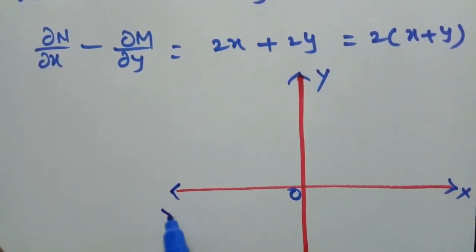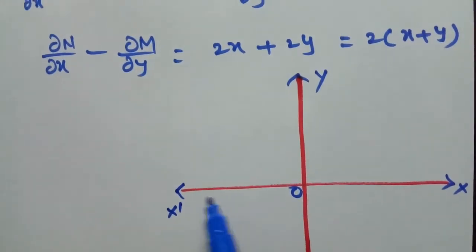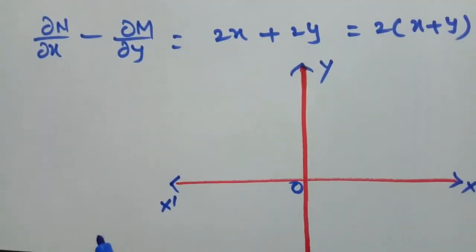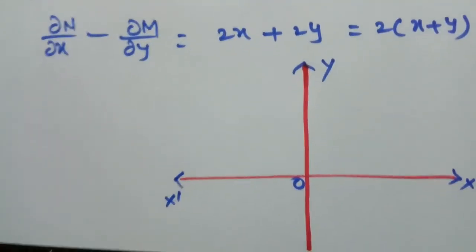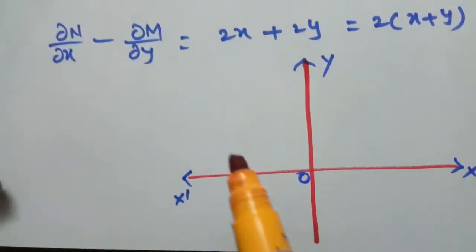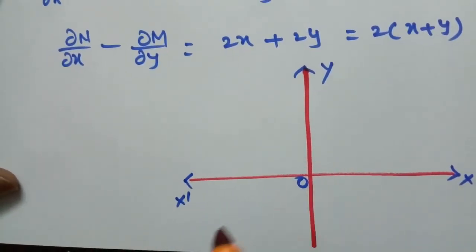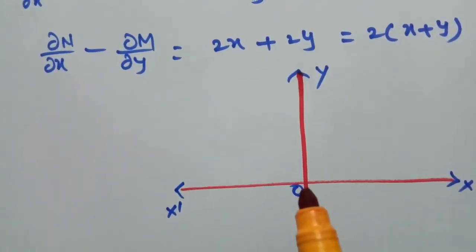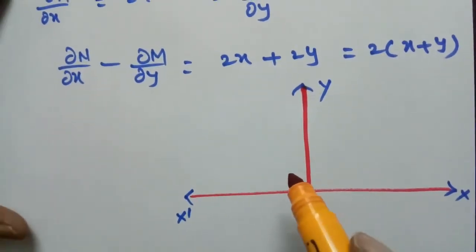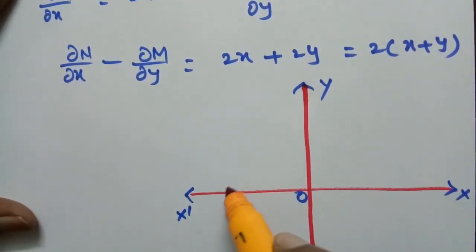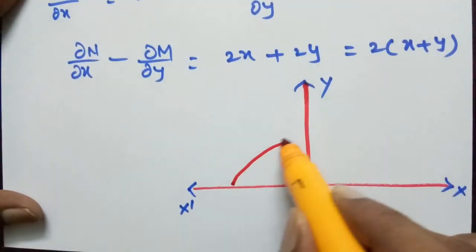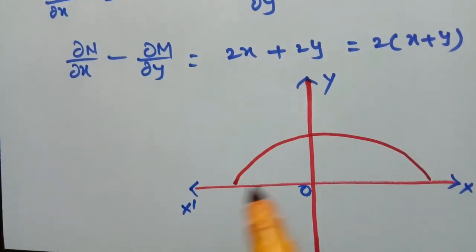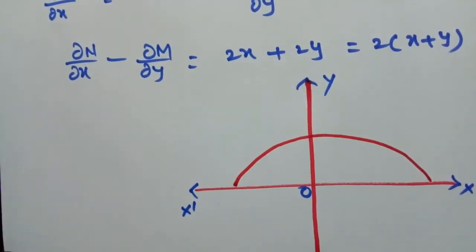So, our circle x square plus y square, upper half of the circle, that is the circle centered at origin, and radius is a units. O is the origin, our circle is centered at origin and radius is a units. Therefore, upper half of the circle, and it is bounded by the x-axis.